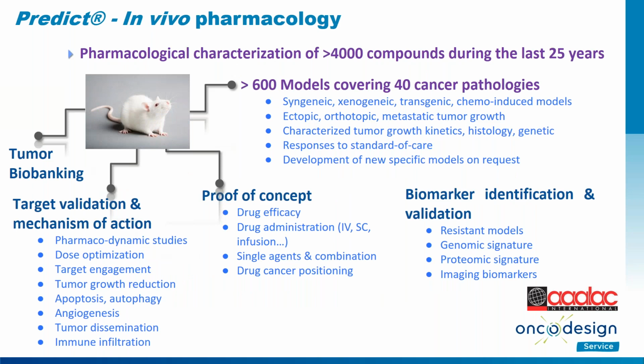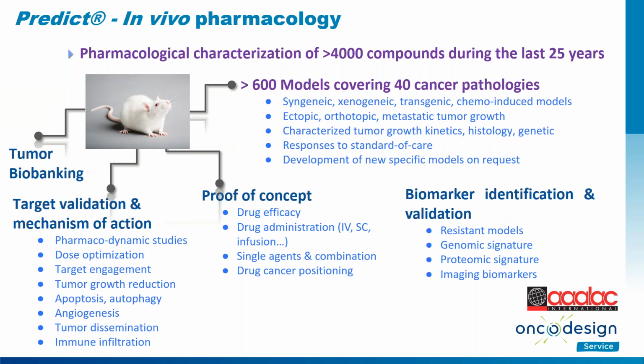So during the last 25 years, we acquired a lot of experience and manipulated many different compounds, probably more than 4,000 compounds in our labs, and developed and used hundreds of in vivo models covering probably more than 40 major cancer pathologies.